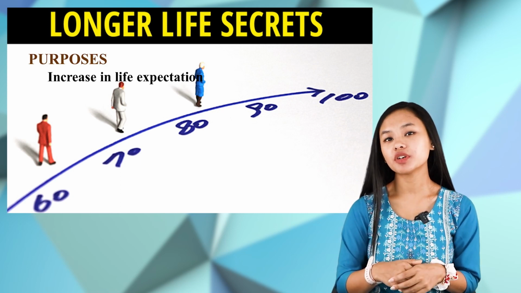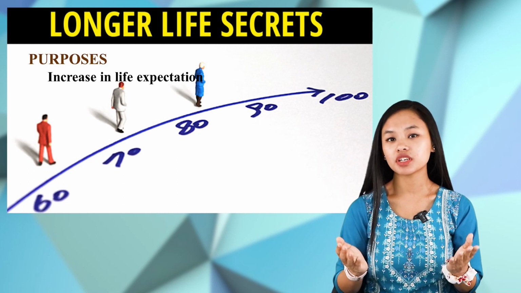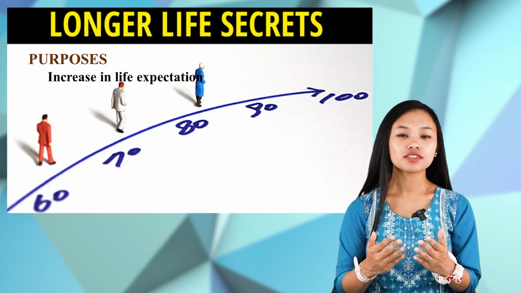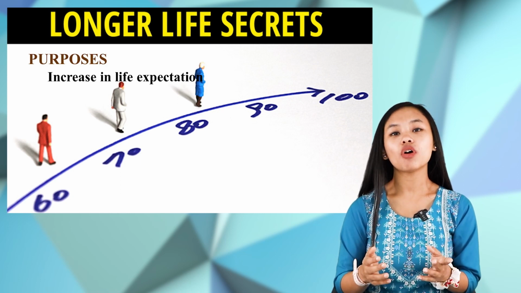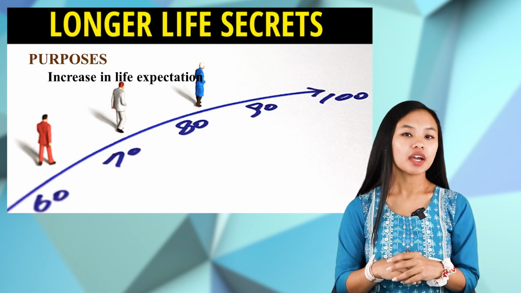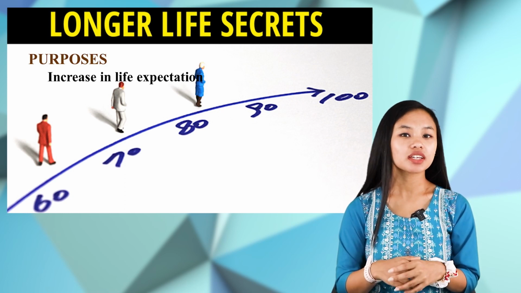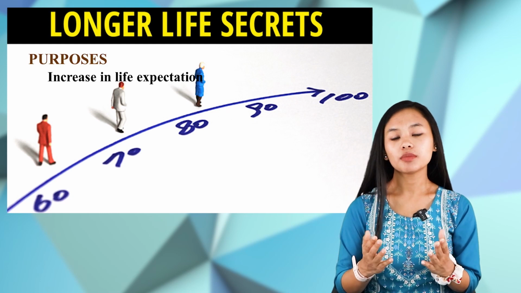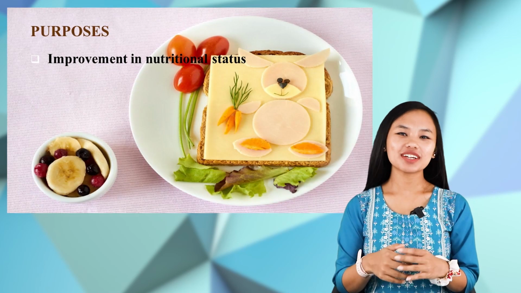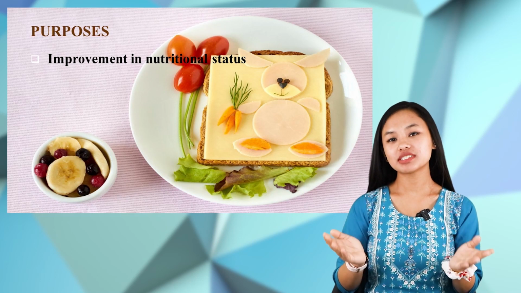And also, if the person is suffering from any kind of condition, through primary healthcare we can provide the necessary treatment to help them regain their health. So, in this way, by providing these primary healthcare services, we will be able to increase the life expectation of a person. The next one is the improvement in the nutritional status.